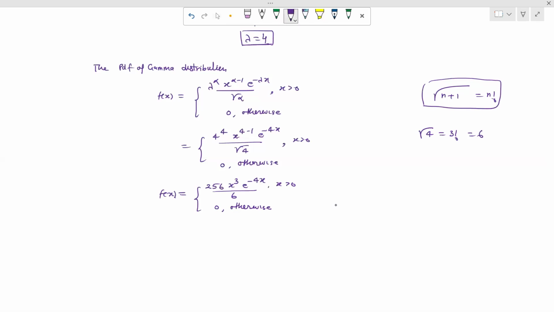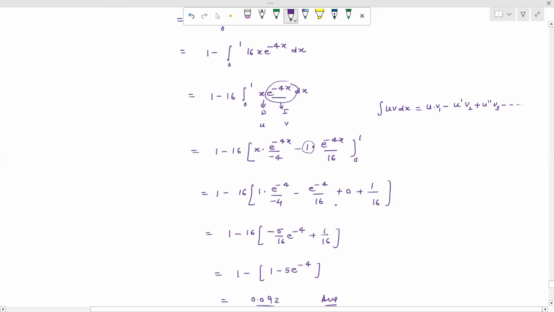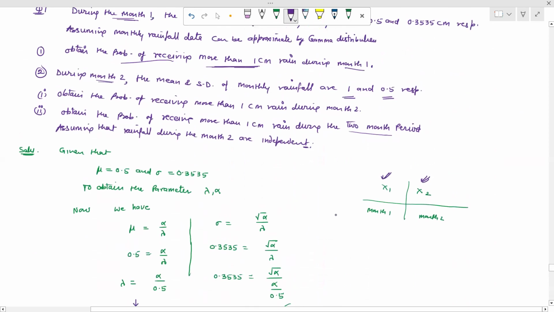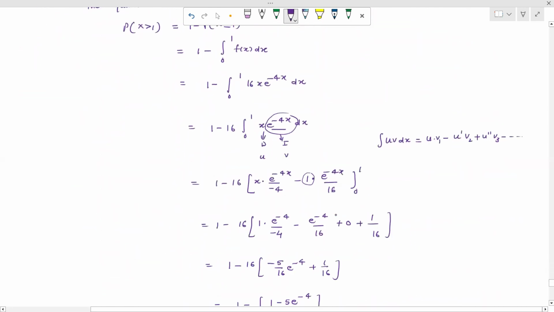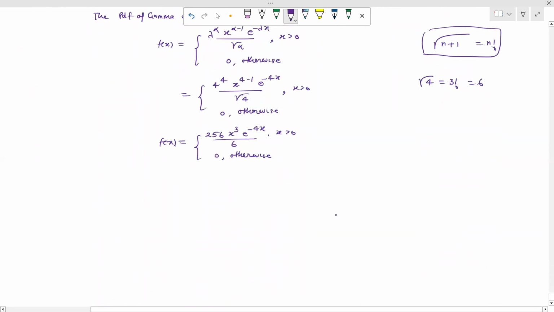So now we calculate the required probability. For the first part, obtain the probability of receiving more than 1 centimeter of rain during month 2.